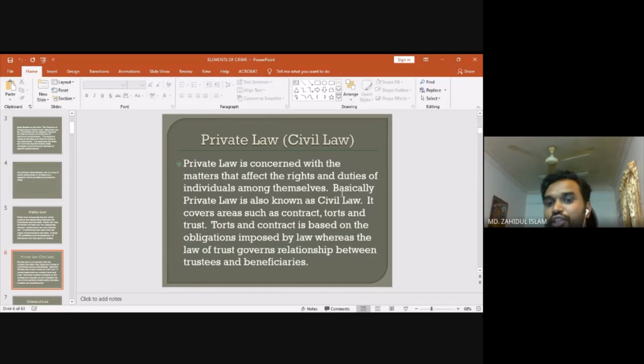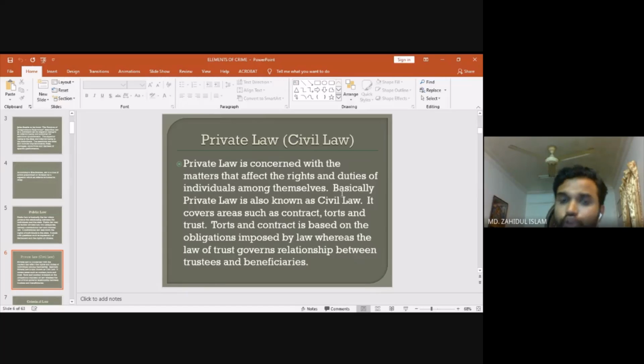If any dispute arises between us under private law, the state will not interfere. It is the relation between individuals, between you and me, between Rahim and Karim. We have to face each other. So it is private law.